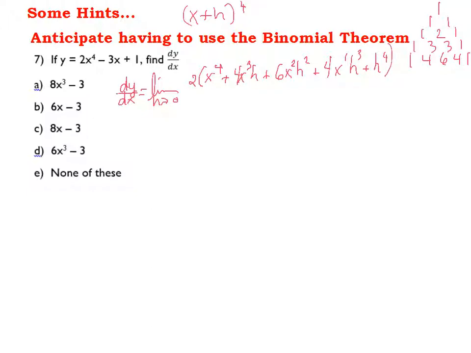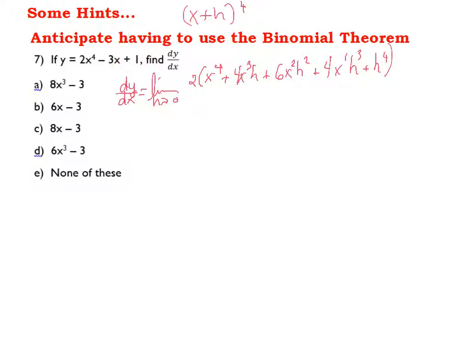Now, I have my Pascal number stuff figured out, so I'm going to erase that because that's going to be in my way here in a minute. Now, that was just the first part, right? That's just this. Now I have to subtract 3 times the function, and 3 times instead of x, it's x plus h.